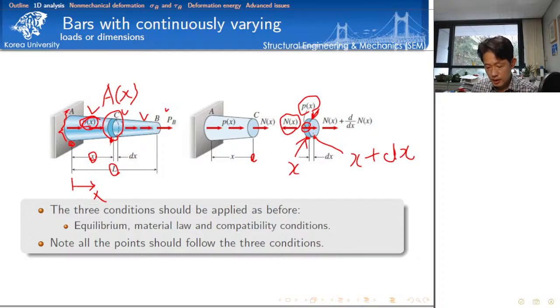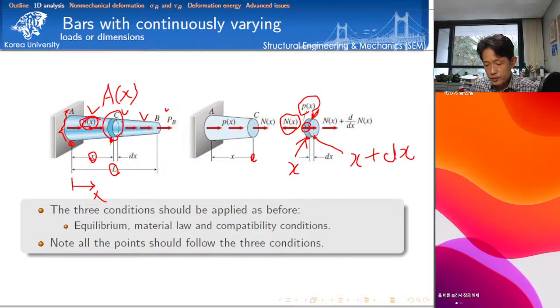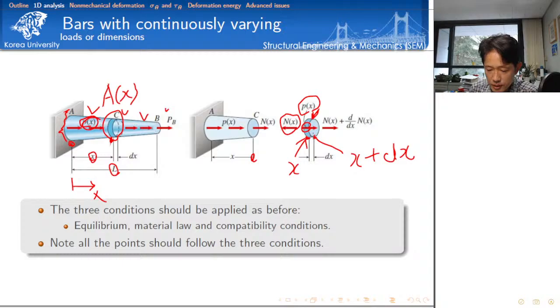Because the loads are continuously changing, if I plot the possible change, in the x coordinate, if we monitor the change of the internal force N(x), it may change like this, as a function of the x coordinate.